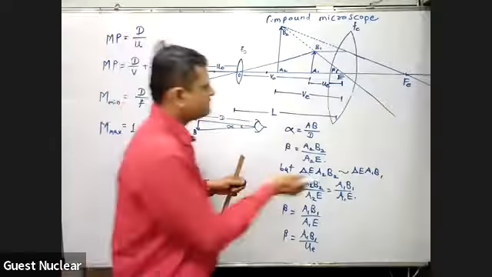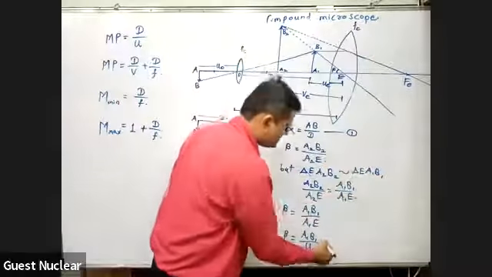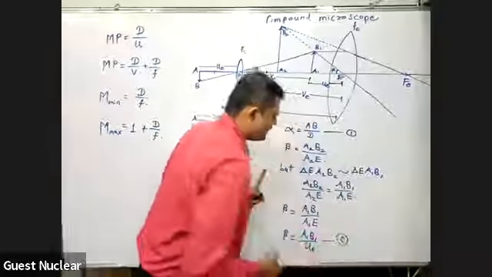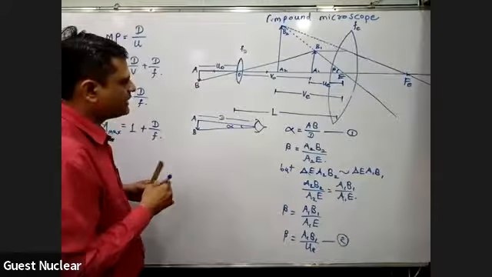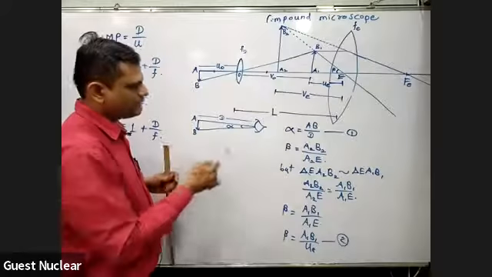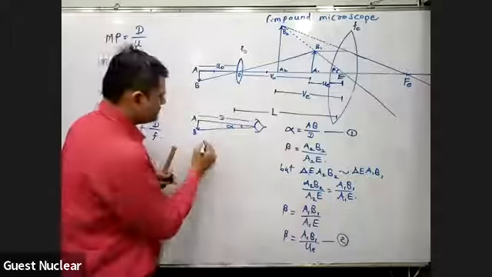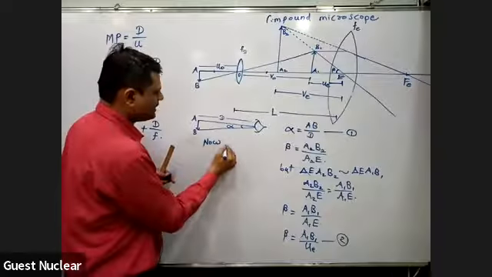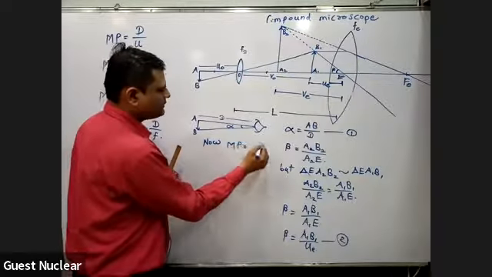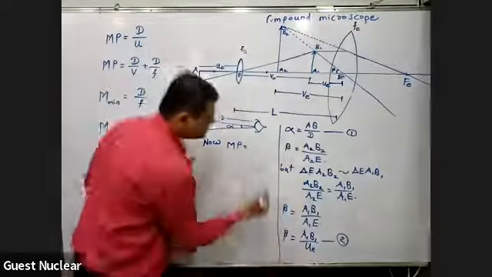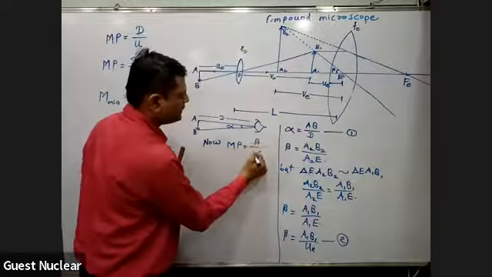So if we give this as equation number 1 and this as equation number 2, then the ratio of equation 1 and 2 will give us the magnifying power. So now we have that the magnifying power is going to be equal to the ratio of beta to alpha, correct?